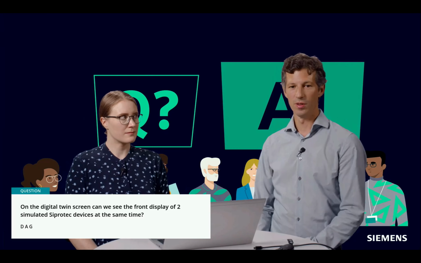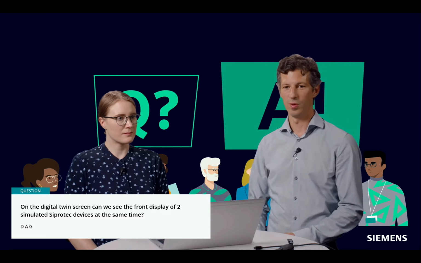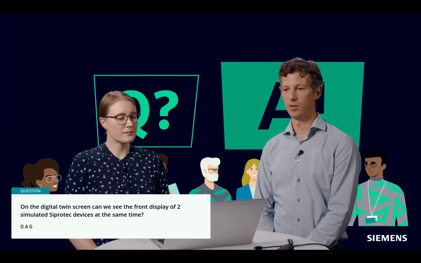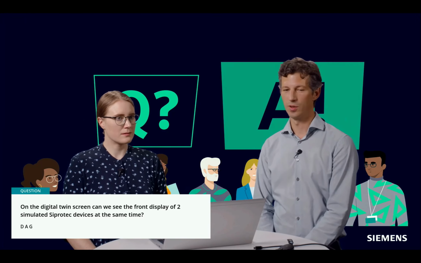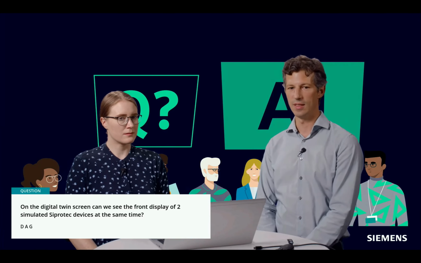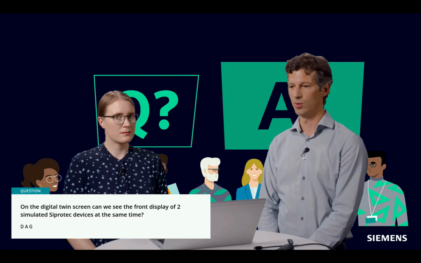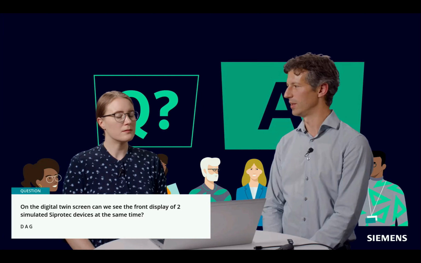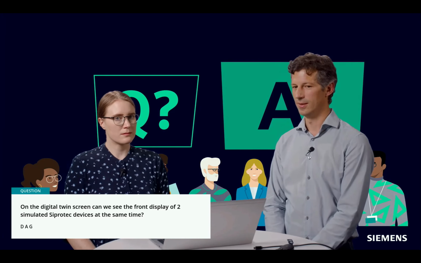It's indeed one of the feedbacks we're getting from a certain number of customers. So we will check what could be done in that direction. But today it's one device display that you can see at the same time, and switching from one device to the other, depending on what you want to investigate.